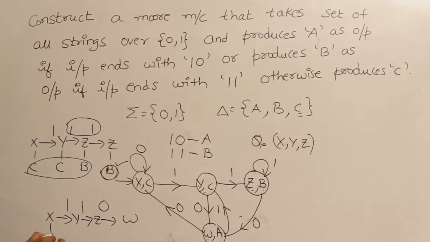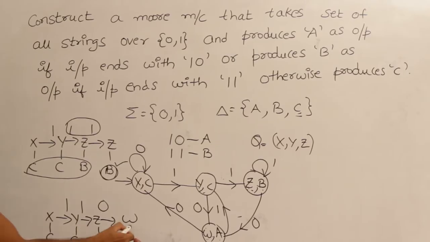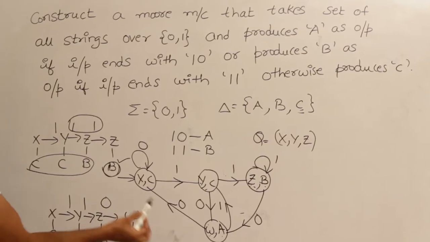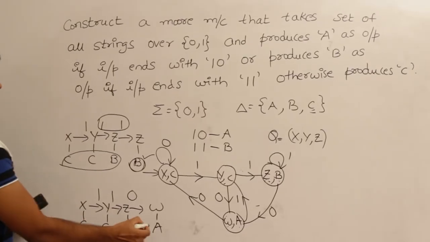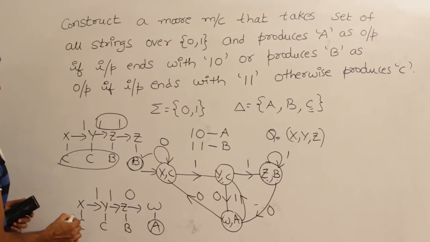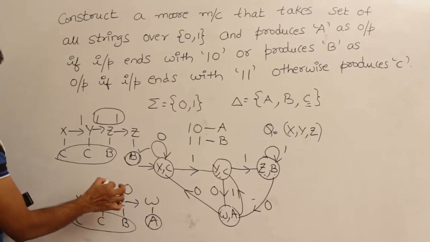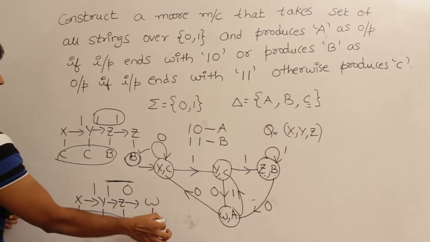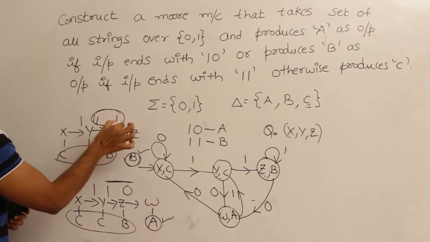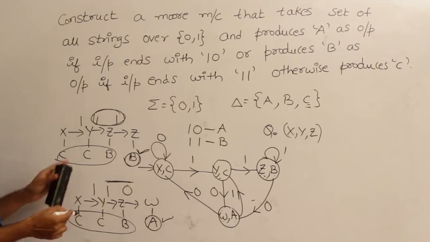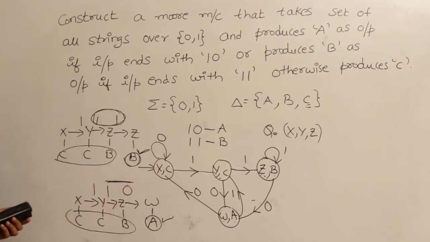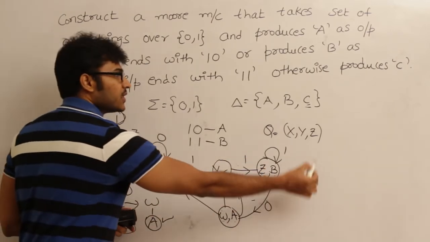What is the output associated with X? C. Y, C. Z, B. And W, A. Therefore, the final output is A. This is what matters, not all this. So if the input is going to end with 1 0, we are going to see A. If the input is going to end with 1 1, we are going to see B. Don't care about the other outputs. Okay, so this is the solution for the given problem.